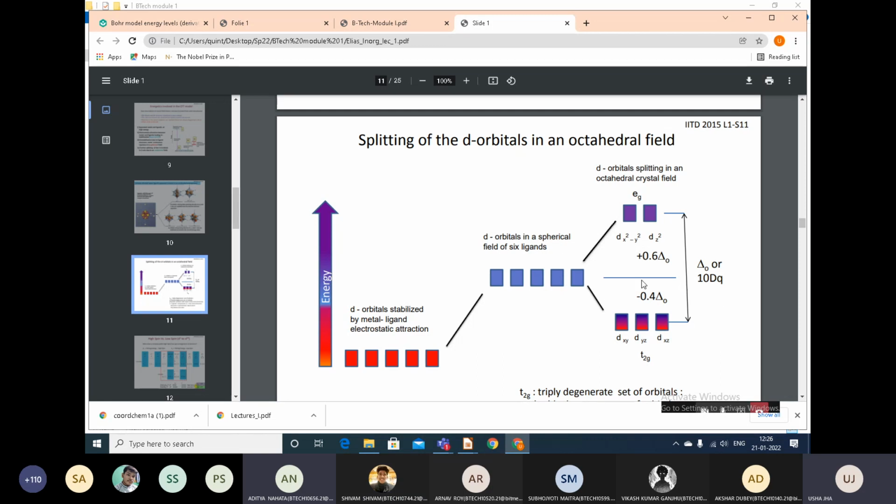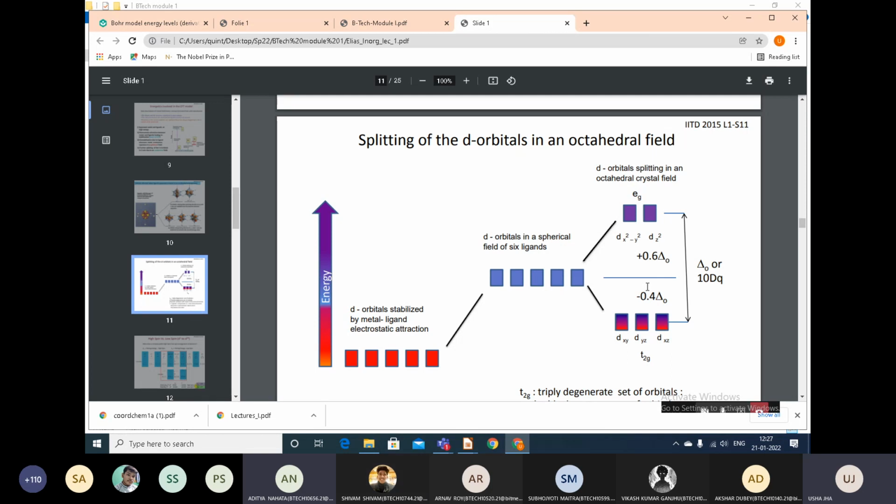You call this the barycenter. This is the average energy center that is maintained, which gives you the center of gravity at this level. So as much increase here is balanced by as much decrease there. Thereby it remains as 10 Dq, and this increases 0.6 delta O and this decreases minus 0.4 delta O.